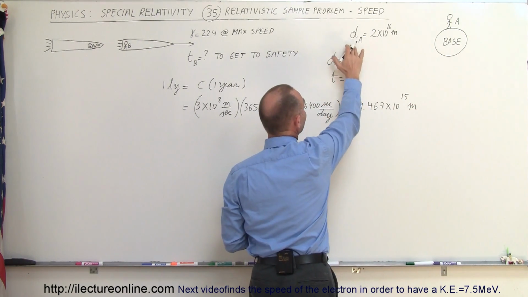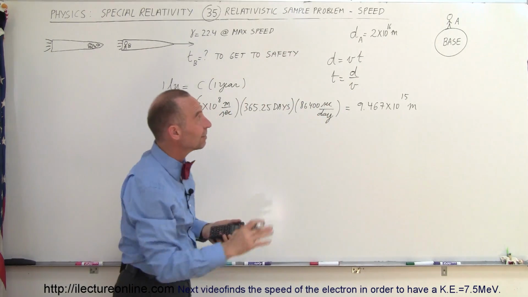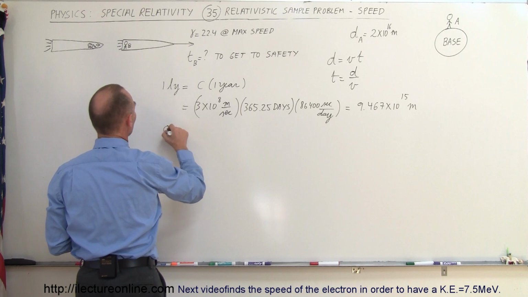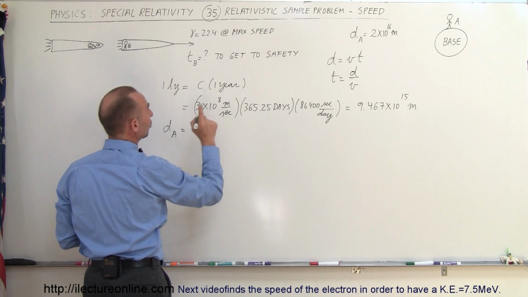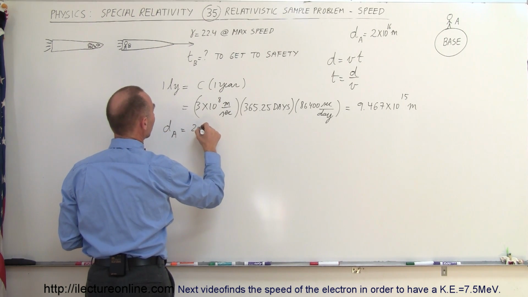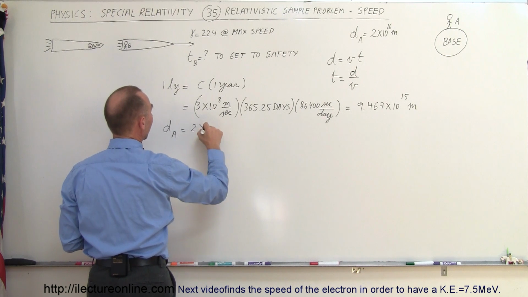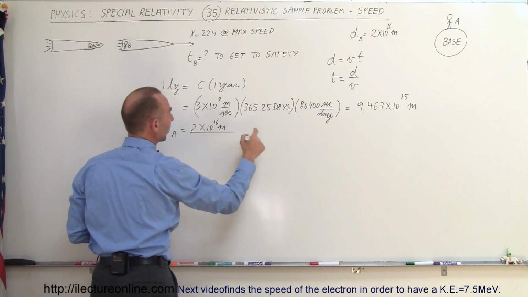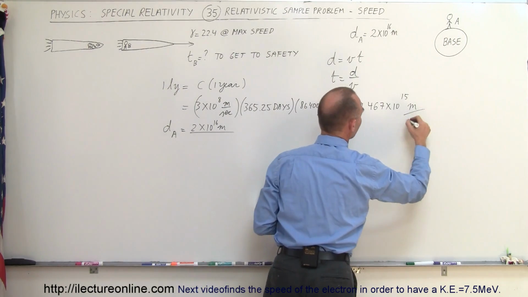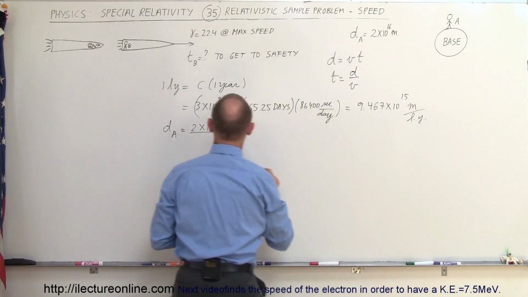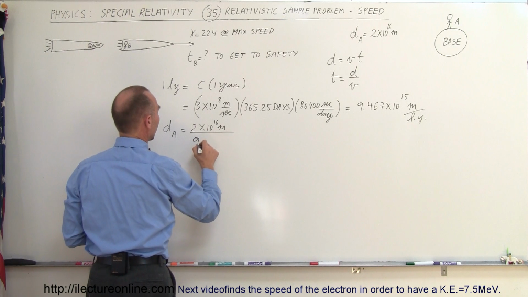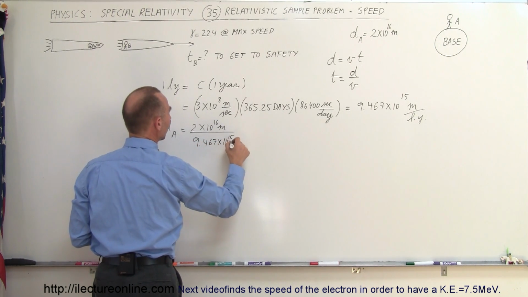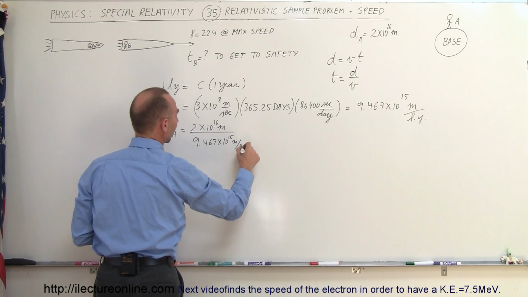So how far is the distance to the base as seen by an observer on the base, in terms of light years? The distance for A is equal to 2 times 10 to the 16th meters, divided by the meters per light year, which is 9.467 times 10 to the 15th meters per light year.